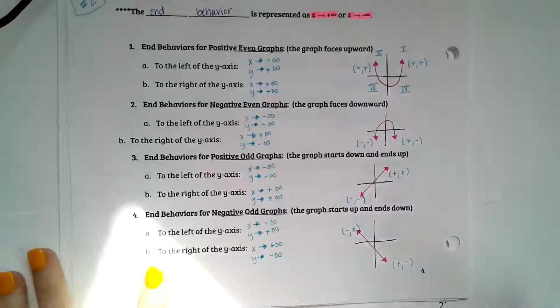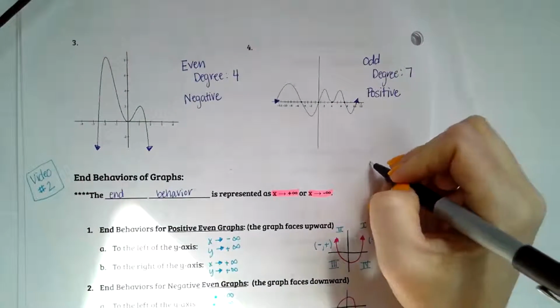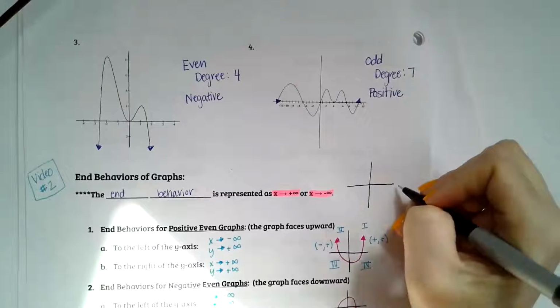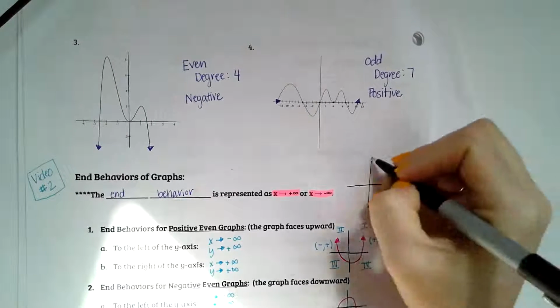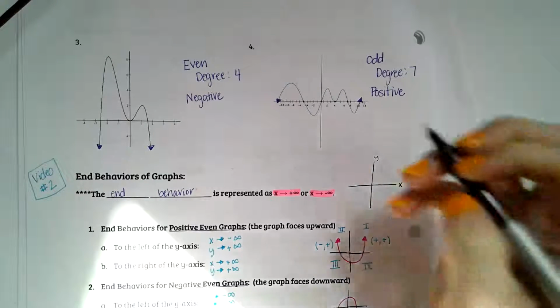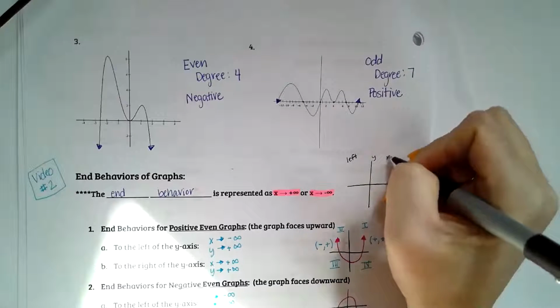So let's go ahead and draw a generic one of these. I've got my coordinate plane, my x-axis and my y-axis. Here's the left side and here's the right side.